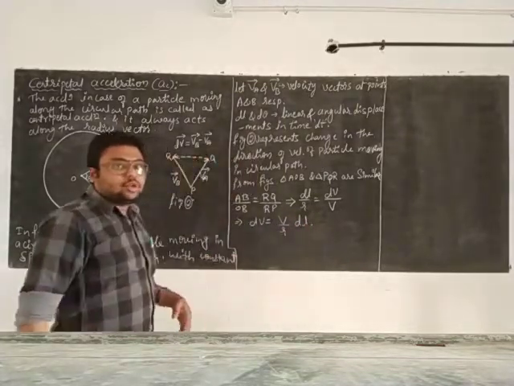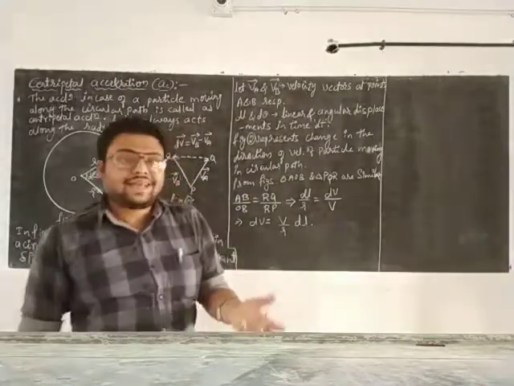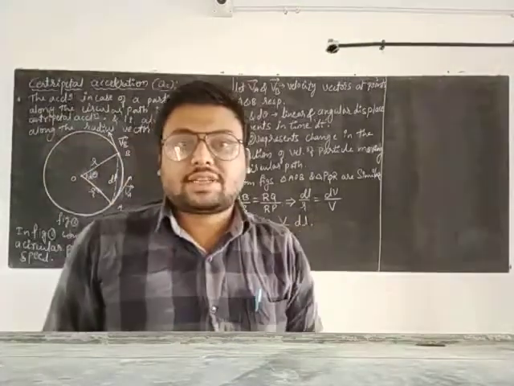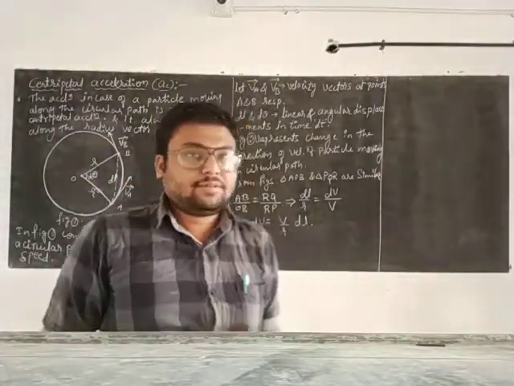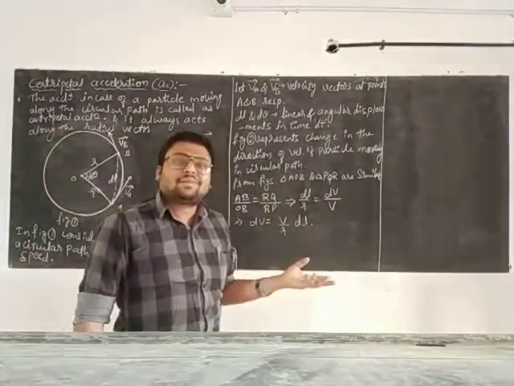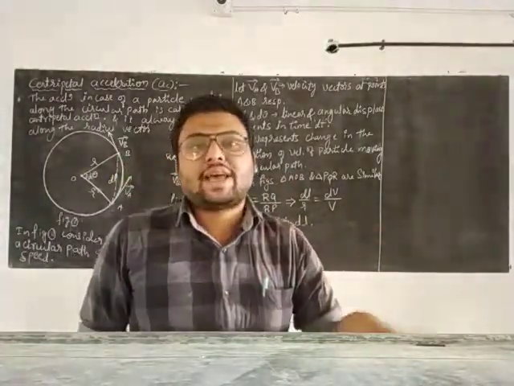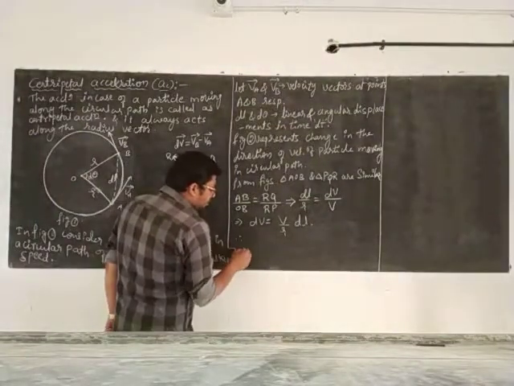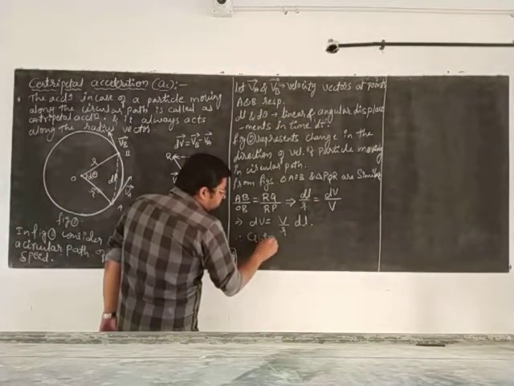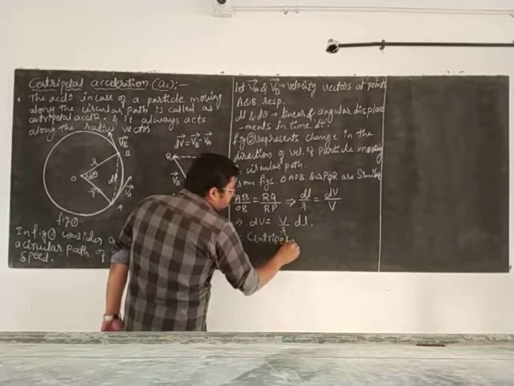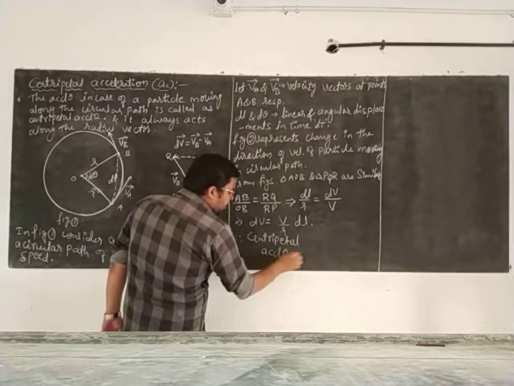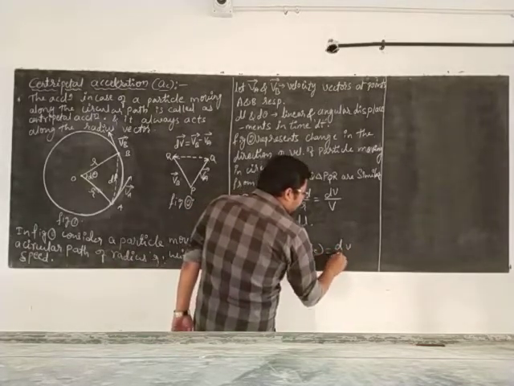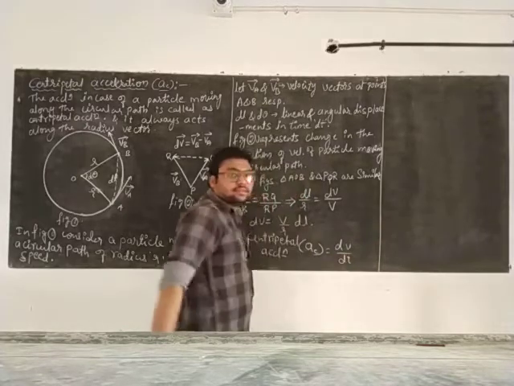dL. So next, how will we define the acceleration? The acceleration means the rate of change of velocity with respect to time, dv by dt. Here, the centripetal acceleration means the acceleration of a particle which is moving in a circular path. Therefore, centripetal acceleration, that is AC, is equal to dv divided by dt.